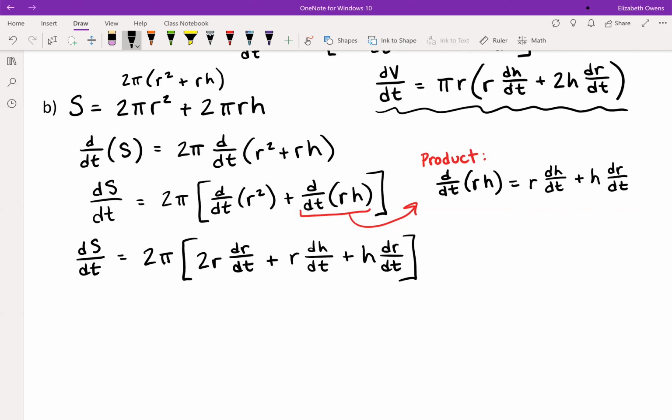Let's see in the chat. Yeah, they wouldn't really simplify nicely, would they? No, I don't think they would really do anything too fabulous for us, unfortunately. So I'd probably just leave it basically like it is. ds dt equals 2 pi, and then I'd probably just switch to parentheses instead of brackets. 2r dr dt plus r dh dt, but that was more of just a stylistic choice.